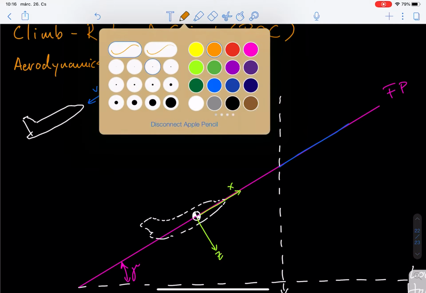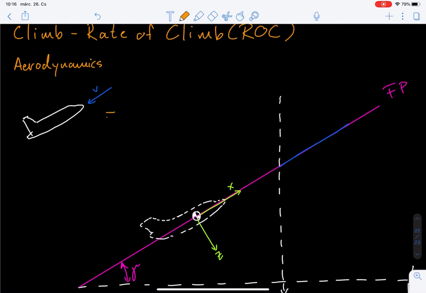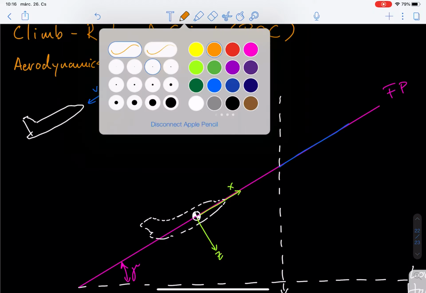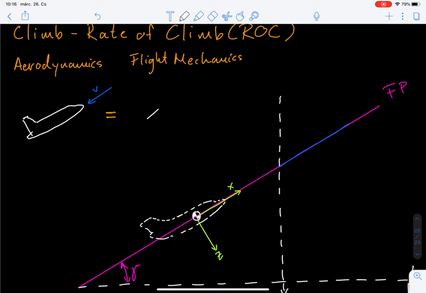So in flight mechanics, and this is why it's important, because the two are equivalent. In flight mechanics, we're going to presume that the same exact thing is happening, generally speaking. So we have the aircraft, but the aircraft is moving through the mass of air with the same velocity.